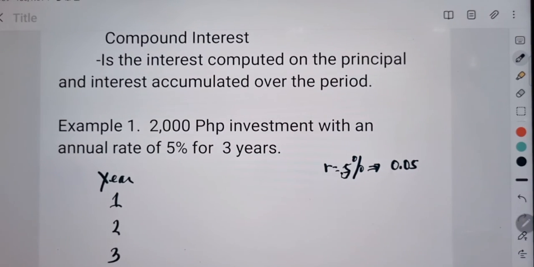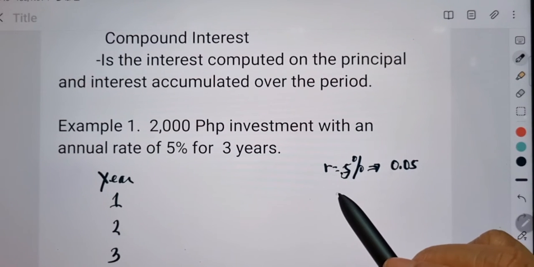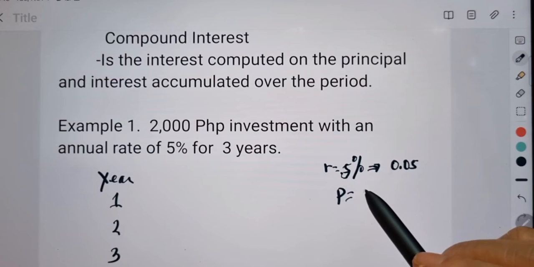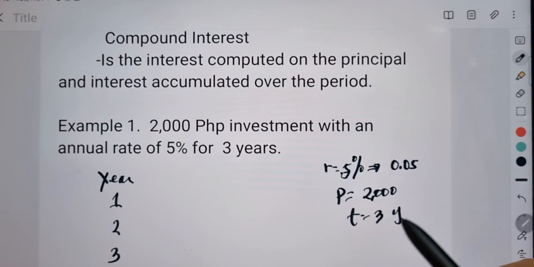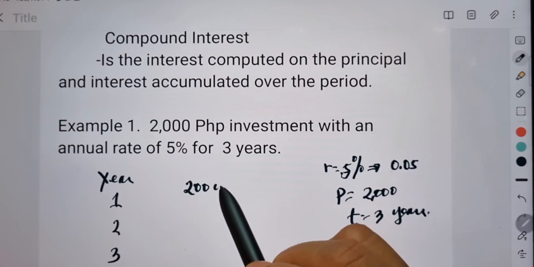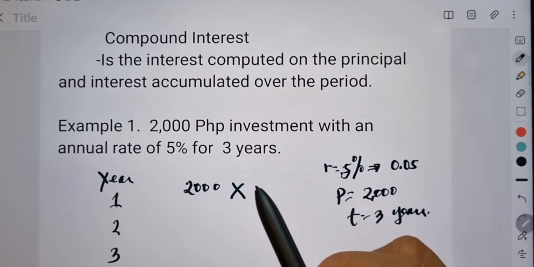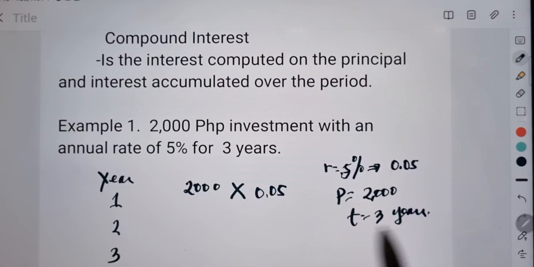Okay, now for 3 years. So you have an investment of, the principal is 2,000 and the time is 3 years. Okay, now in this case, first 2,000 times, sa unang taon, 2,000 times 0.05.